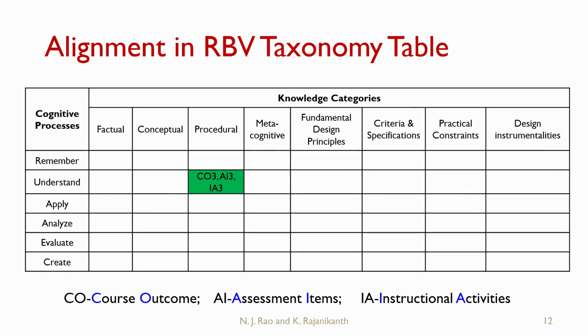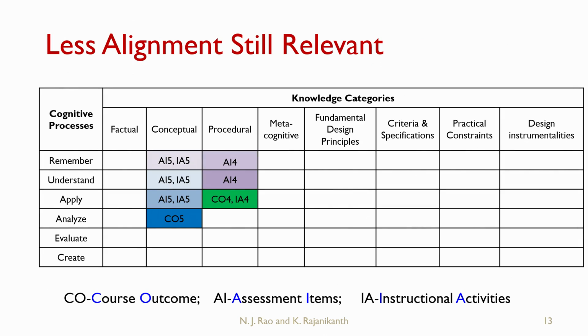But in actuality, that is not the only thing that is acceptable. What we may have, we can call less alignment, but still relevant. Let us take the second column, where CO5 is in the analyze conceptual category. But what happens is we have AI5 or IA5.